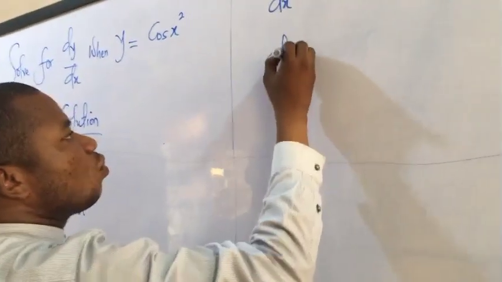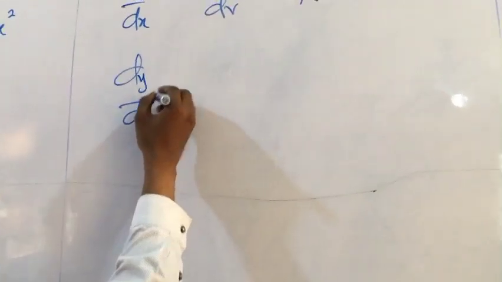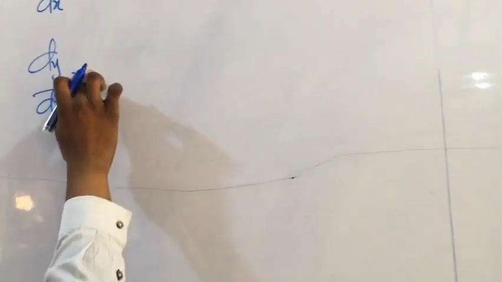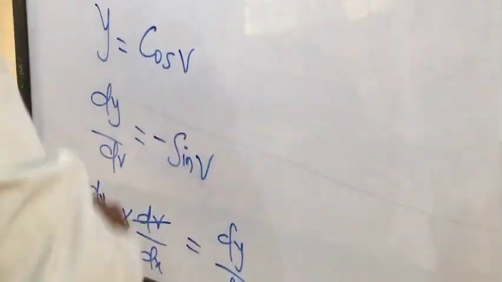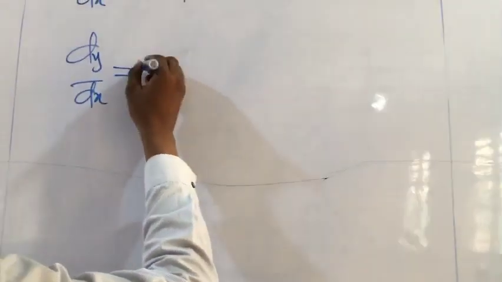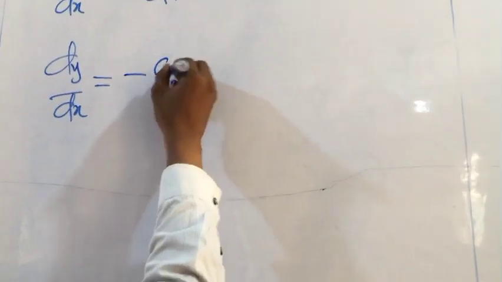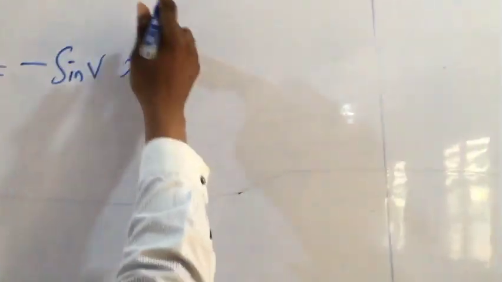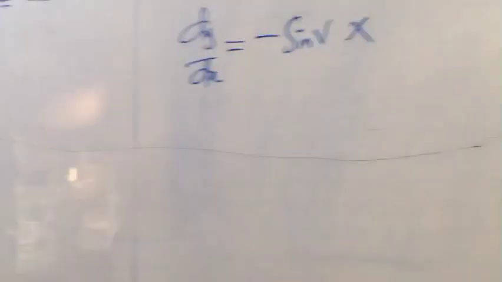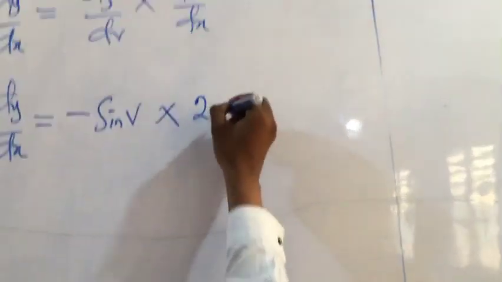So I have dy dx is equals to dy dv. What did we get as dy dv? The dy dv gave us minus sine v. So this is minus sine v multiplied by dv dx. What is dv dx? That is 2x.